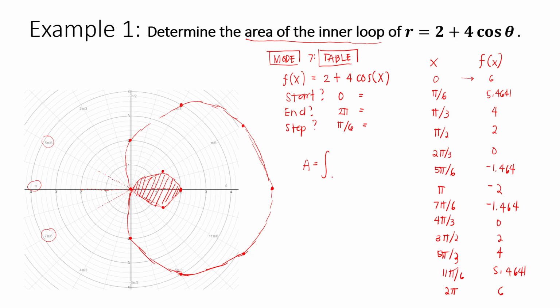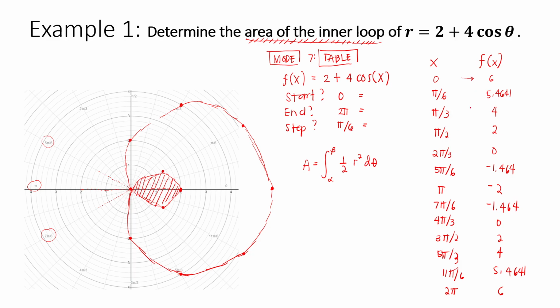Okay, so again, the formula is from alpha to beta, 1/2 r squared d theta. How are you going to get the limits from alpha to beta? Since we're only interested in the area of the inner loop, we have to look for the values in the table.